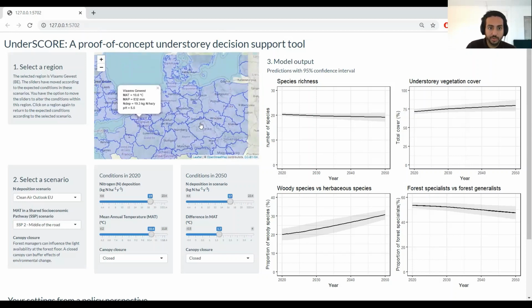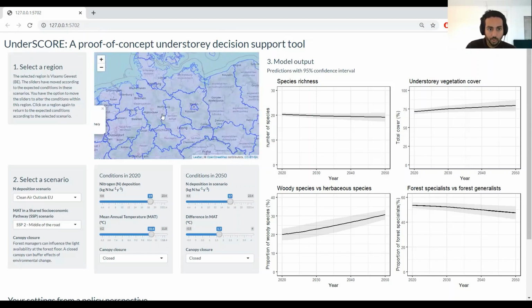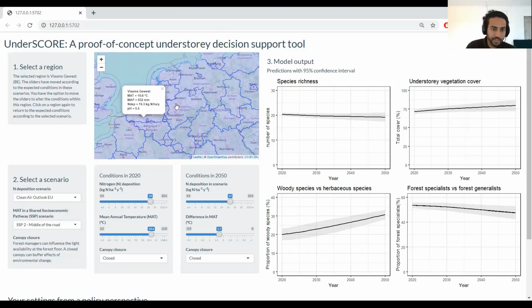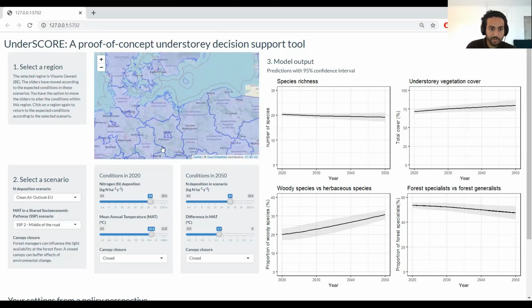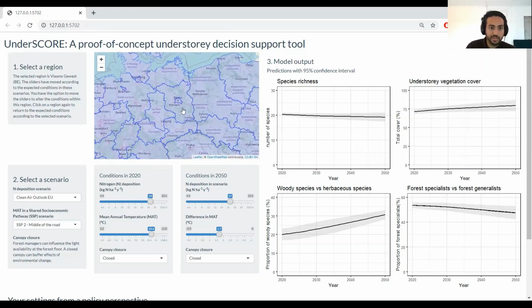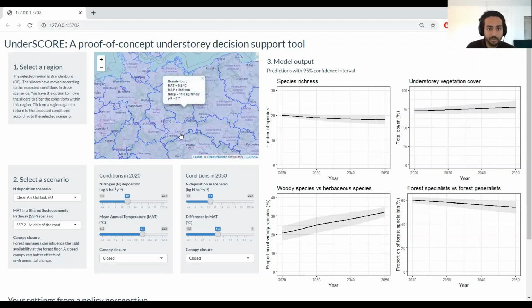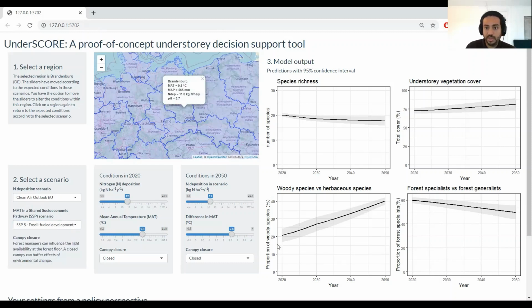Of course, this UnderSCORE DSS is not limited to Flanders. We can also see what happens in another region. Let's pick Brandenburg here. We can change into a more severe scenario, for instance fossil fuel development, and then we can see, of course, what is happening within these scenarios.